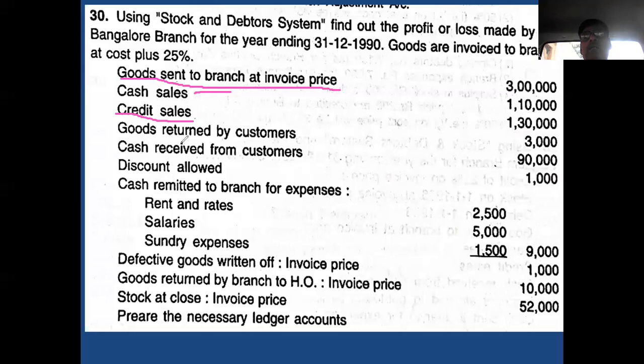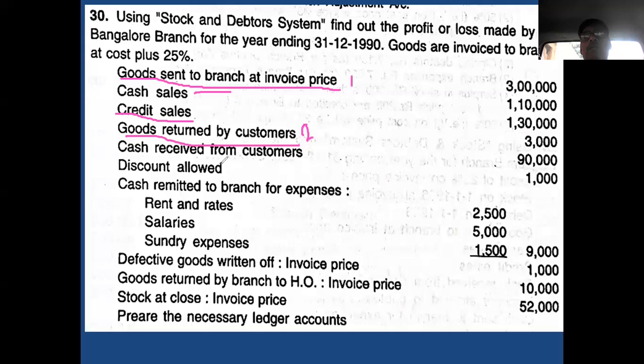Next, goods returned by customer is the third item on the debit side of the branch stock account. In this problem there is no opening balance, so this is the first and second item on the debit side, and the first and second on the credit side of the branch stock account.